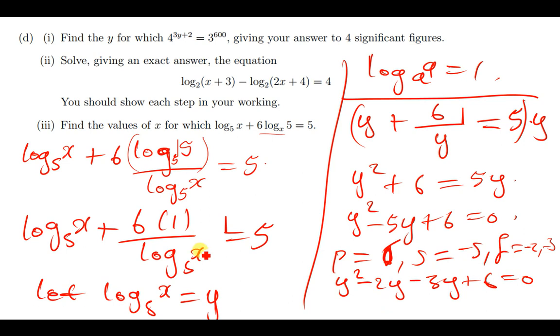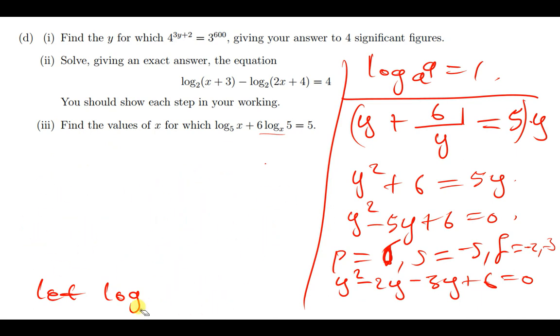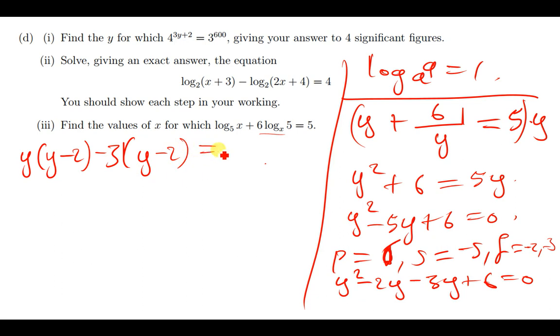So let us factorize that quadratic equation. We are going to get y open brackets y minus 2 close brackets, minus 3 open brackets y minus 2 is equal to 0.